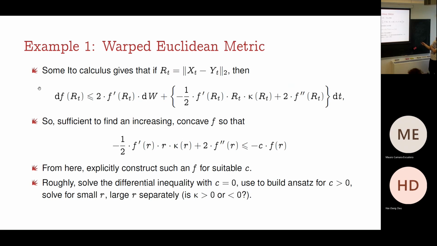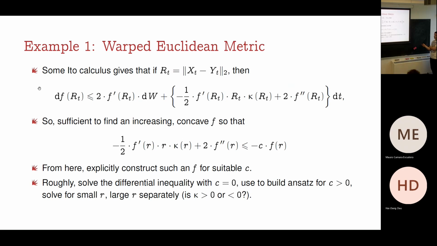And if we choose f to be concave, this term is negative. Again, we get some push towards 0. In principle, you could try to study how long it takes to hit 0, but actually, we'll be content to show that this thing contracts exponentially in expectation. So we don't care if we hit 0, we just want to have small expectation. It's completely fine for our purposes.